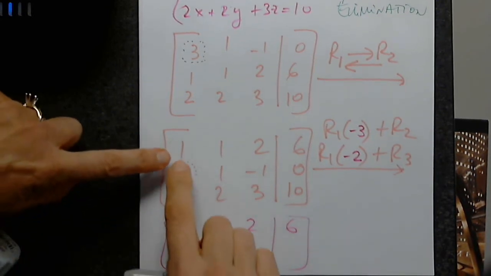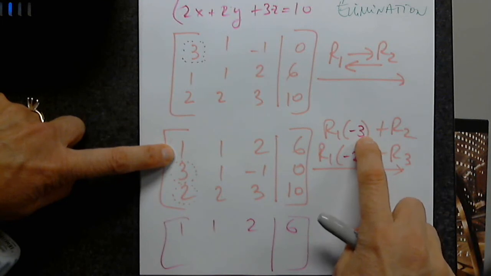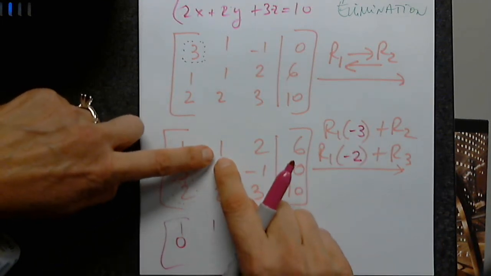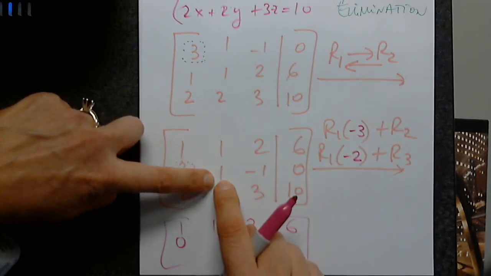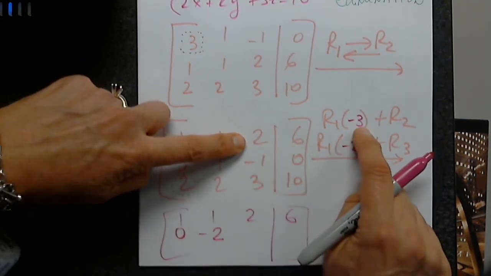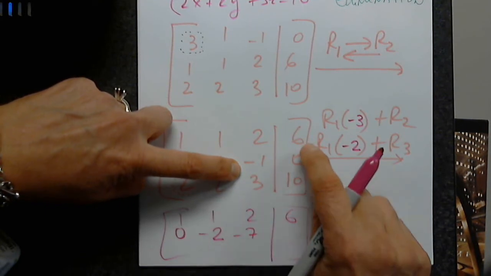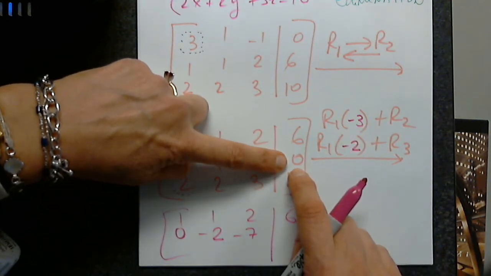Okay, now together: 1 times negative 3 plus 3. 1 times negative 3 plus 1. 2 times negative 3 minus 1. Perfect. 6 times negative 3 plus 0.